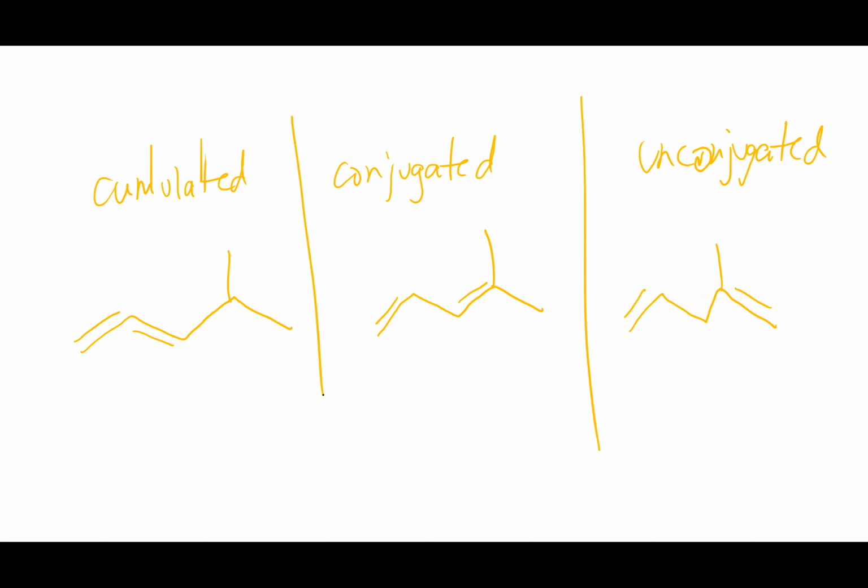There we go. So accumulated, the double bonds are attached to the same carbon. Conjugated, the double bonds have a single bond between them. One thing I'll mention, just so you know the importance of this, these are the most stable.